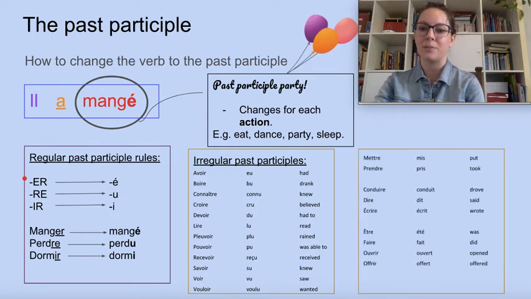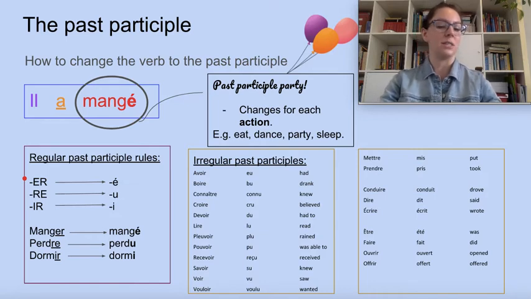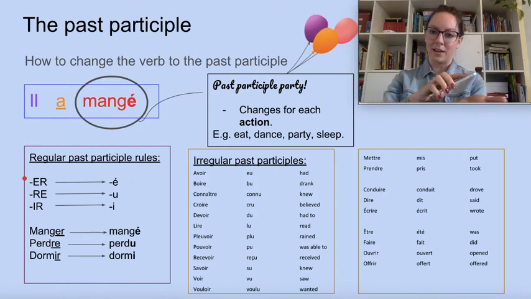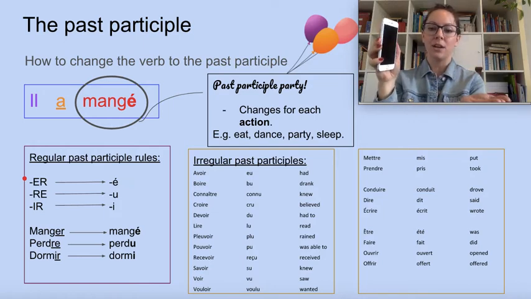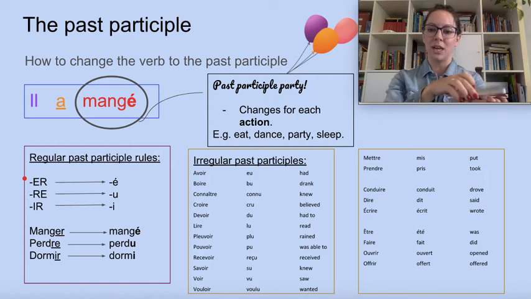There are also some that end with an is, and nicely they kind of go with similar actions. So if I put something down, j'ai mis. Okay? If I want to say I took, j'ai pris. J'ai mis, j'ai pris. Is endings.